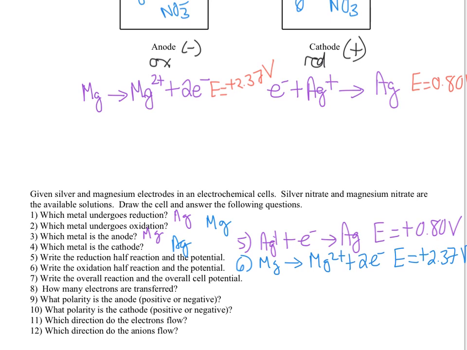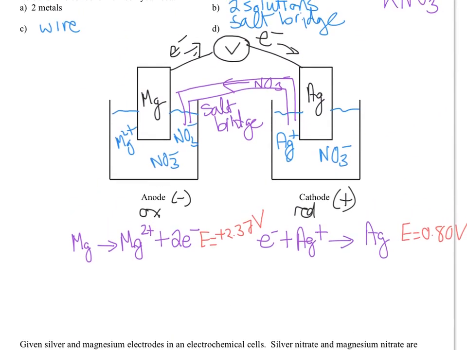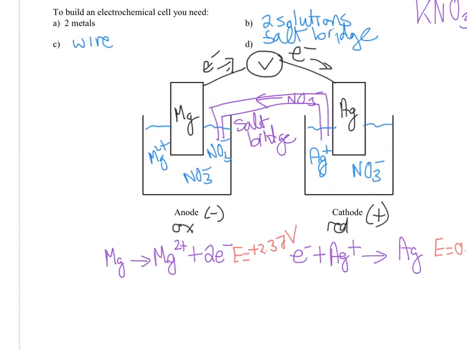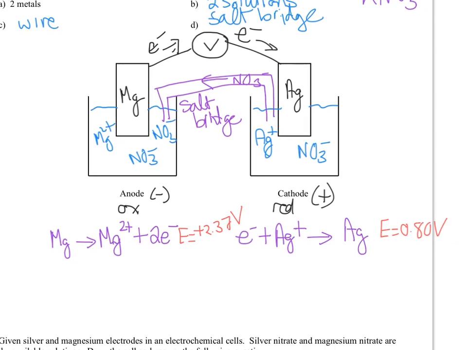Okay, number 7 says we want to write the overall reaction and the overall cell potential. So we talked about that, the magnesium is losing the electrons, and then the silver's grabbing those electrons. The oxidation and the reduction are happening simultaneously. And so we want to put these two reactions together to show the redox reaction.